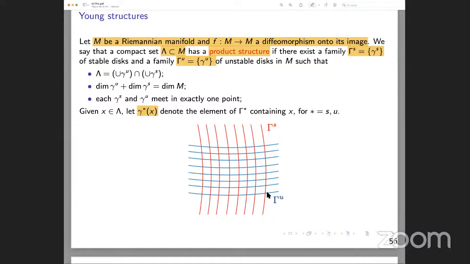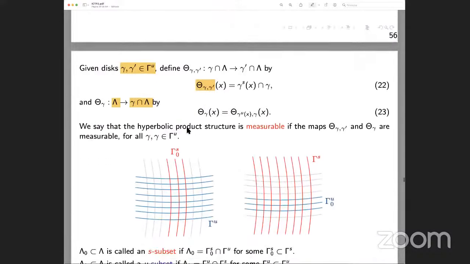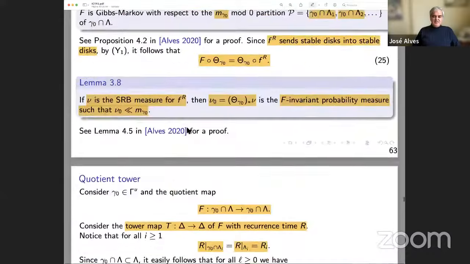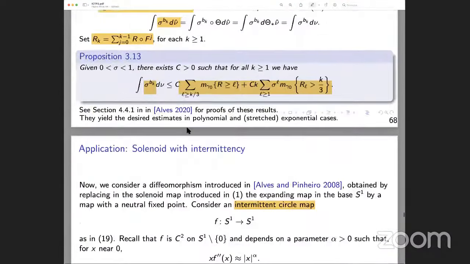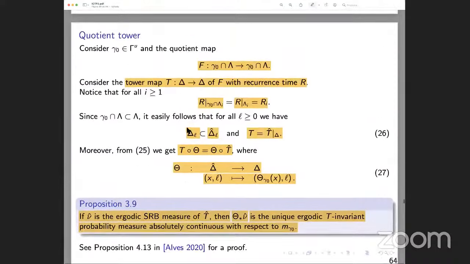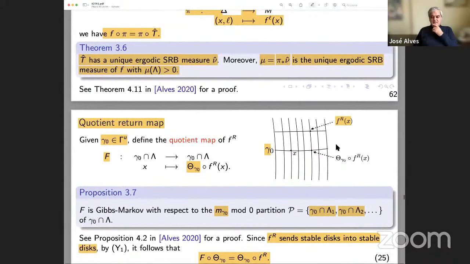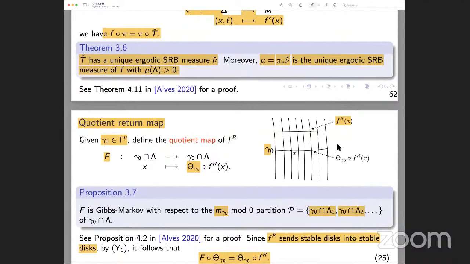Then I got confused in the picture of the induced map, where you take the quotient map. It can happen that the image is very far away from the original gamma zero. It's still a return, so it's in lambda, but it can be far away from gamma zero.